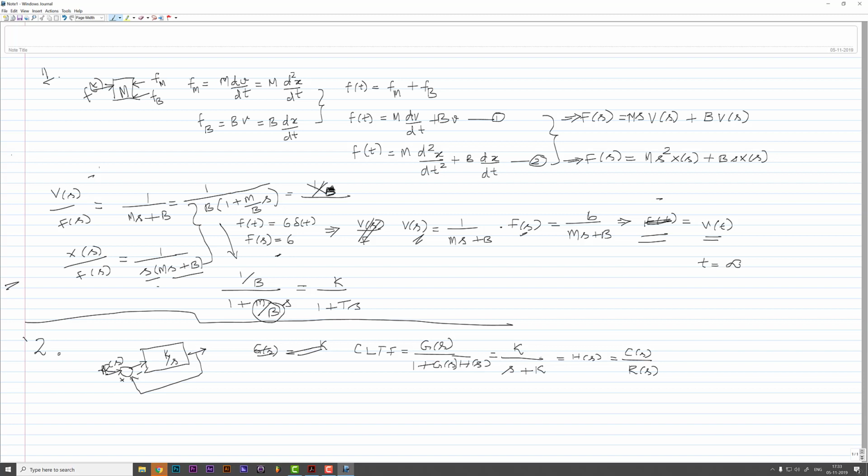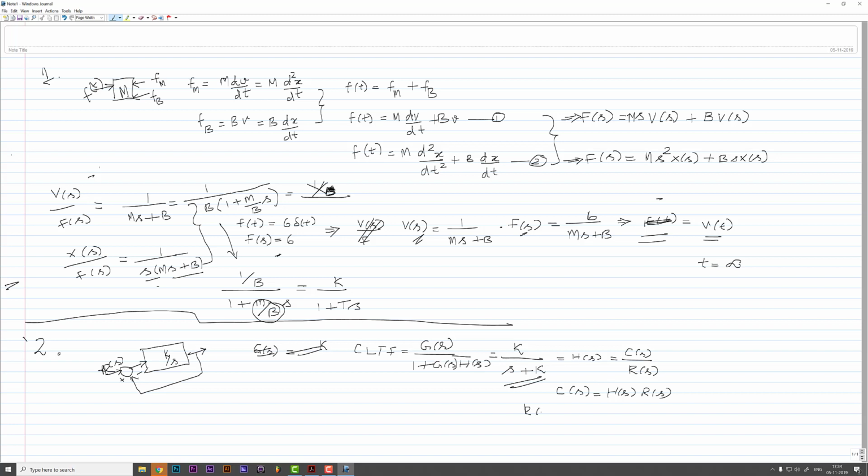Now you can calculate c of s, the output, which is h of s times r of s. H of s is nothing but k by s plus k. R of s you have to substitute by 1 by s in case of step response, and r of s equal to 1 in the case of impulse response.